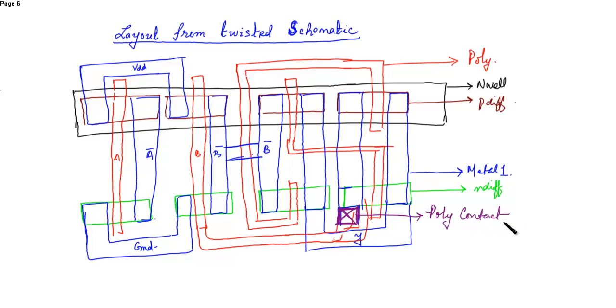Then we have to connect the A. A is connected to this gate, so we can connect from here directly. This A is connected to this gate.